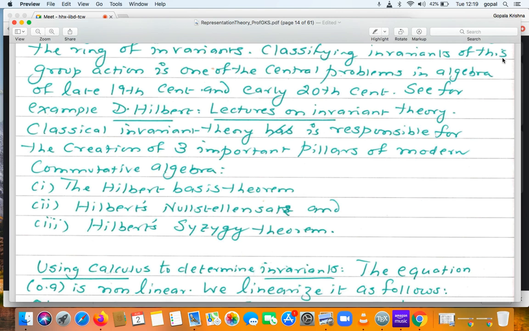And then Gordan remarks that theology also has its advantages. So let me explain to you what Hilbert's Nullstellensatz is. It is one of the most foundational theorems in algebraic geometry. Now, let us go back to linear algebra. You've got a system of 5 equations in, say, 8 unknowns.